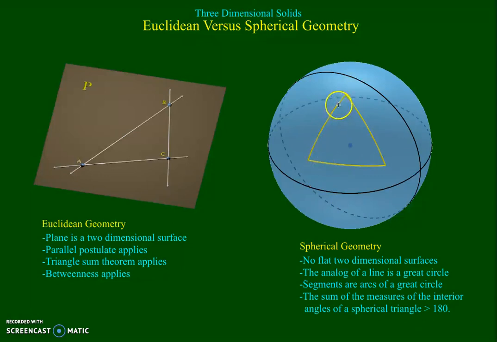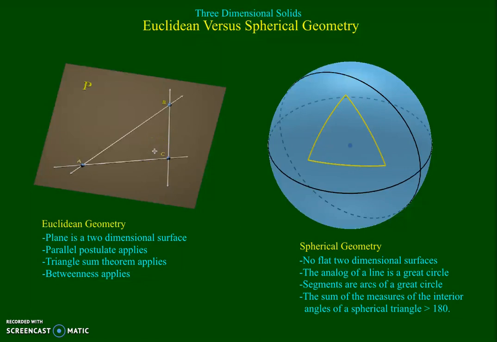This angle plus this angle plus this angle are going to be greater than 180 degrees because, as you can tell, these arcs are not straight segments. And a segment in spherical geometry is simply an arc of a great circle. So those are some pretty large distinctions. They sound similar, but there are fairly large distinctions between spherical geometry and Euclidean geometry.